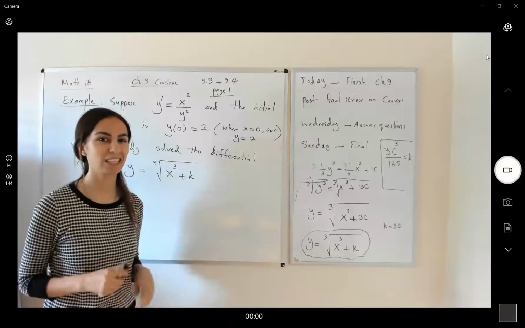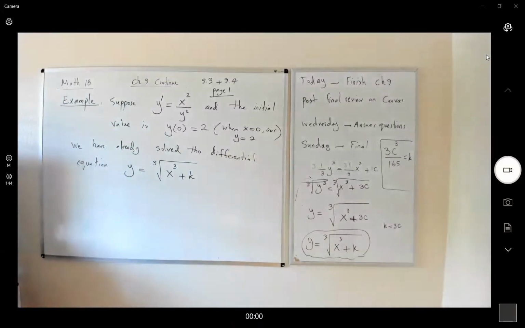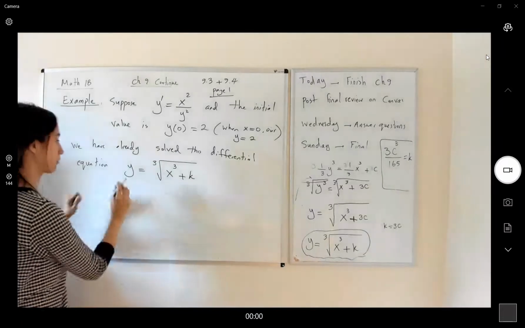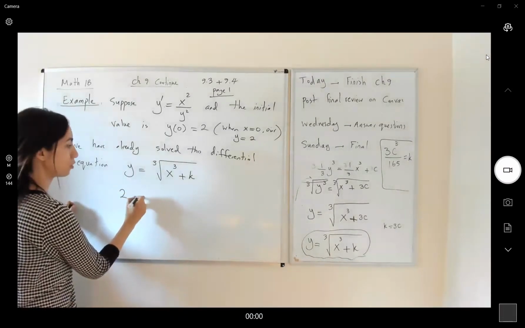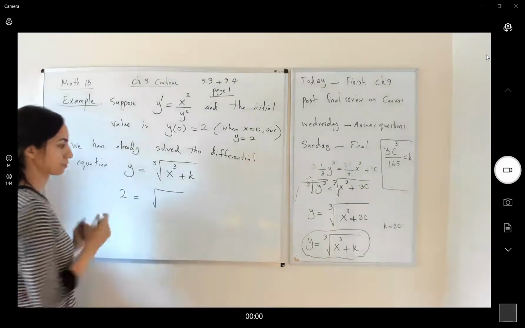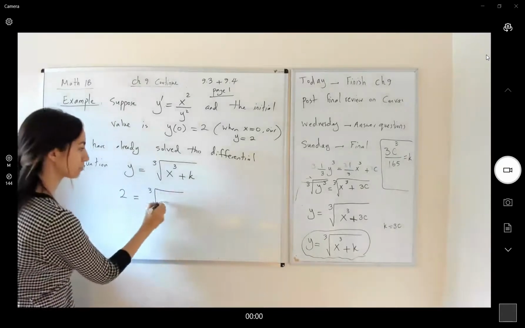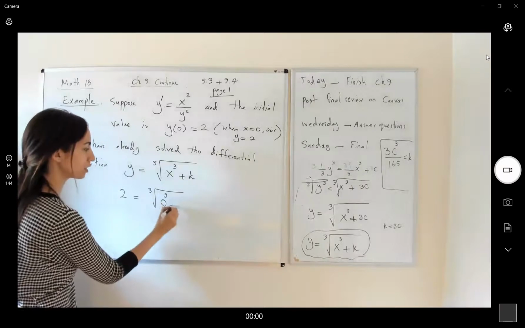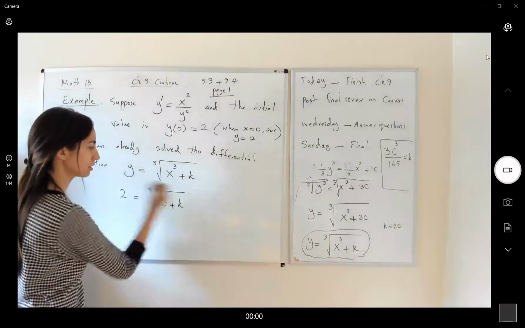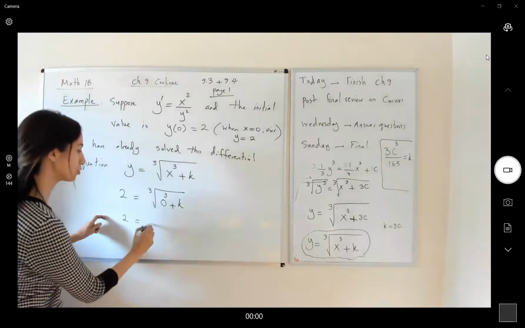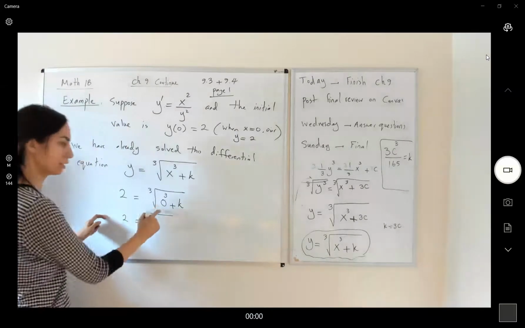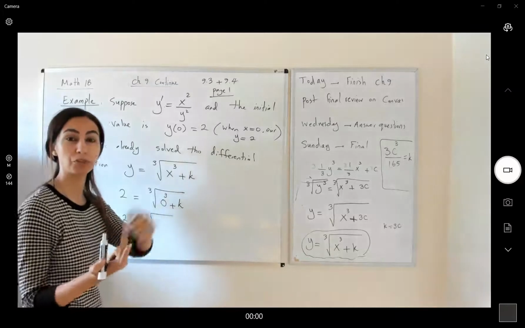What is k? 2 is equal to the third root of 0 to the third plus k. 2 is equal to the third root of 0 to the third, which is 0 times 0 times 0.